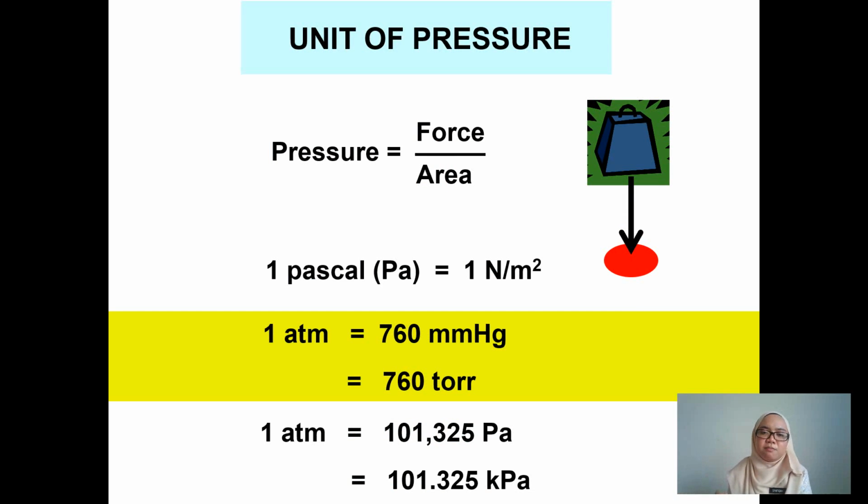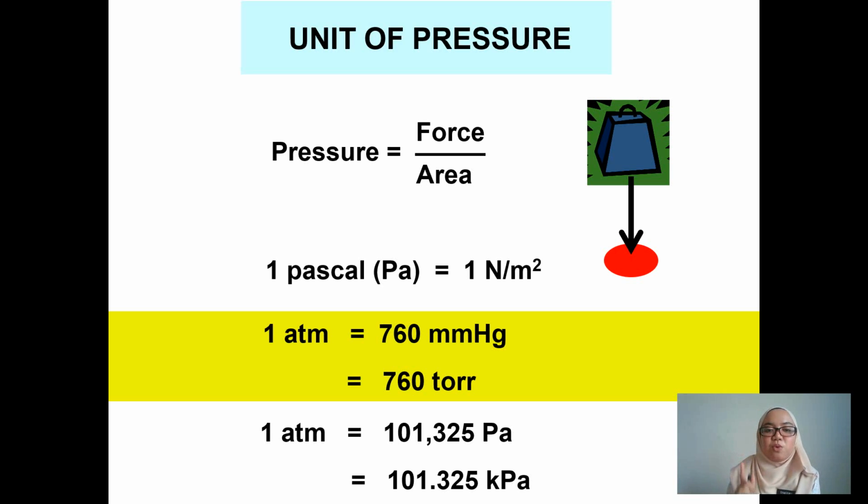Okay, there are a few units of pressure that we often use. But before that, we are going to learn what is actually meant by pressure. Pressure is the force divided by surface area. So 1 Pascal, or 1 Pa, is equal to 1 Newton per meter squared.